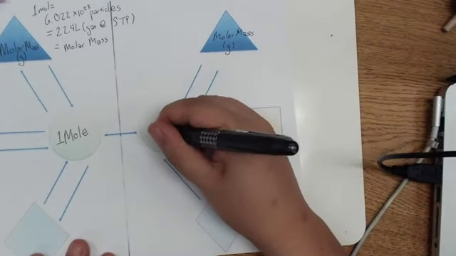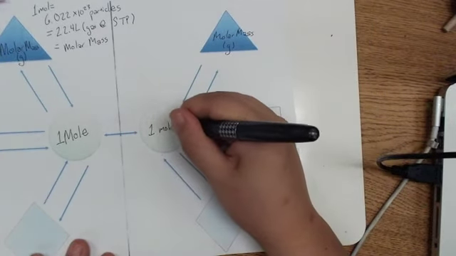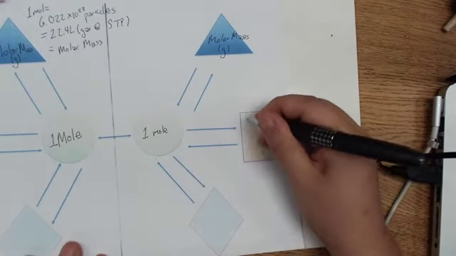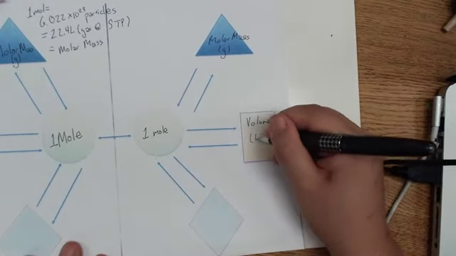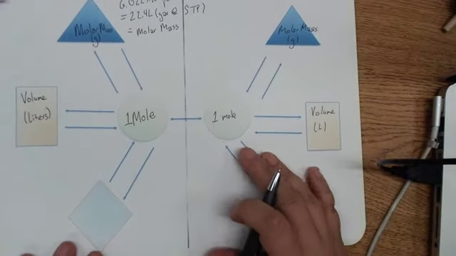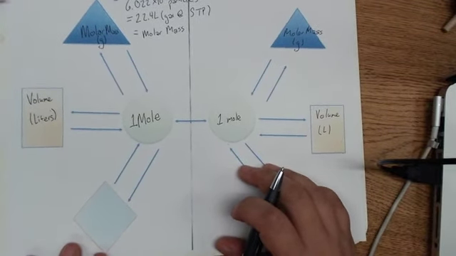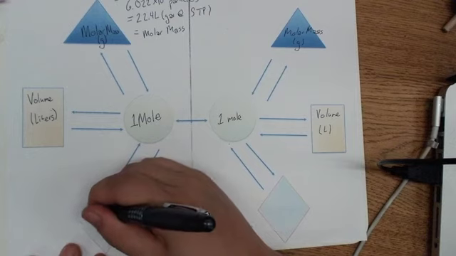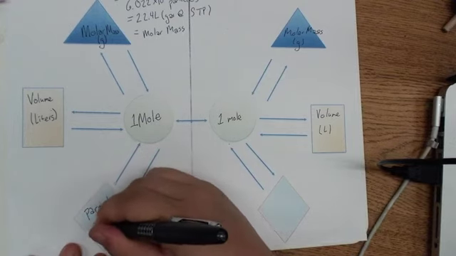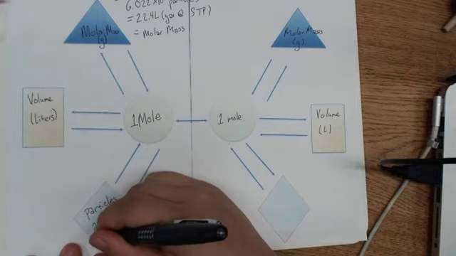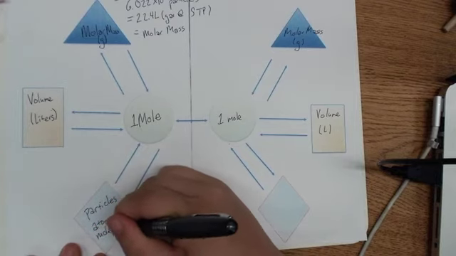So I'm going to say 1 mole here. So volume in liters. And then your last option is to go into particles, the different types of particles there are, whether it's atoms or molecules or whatever it is.